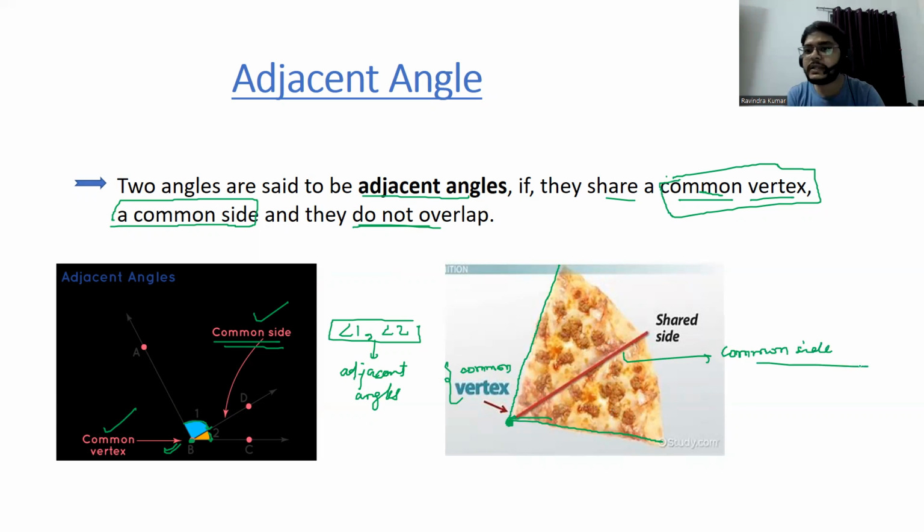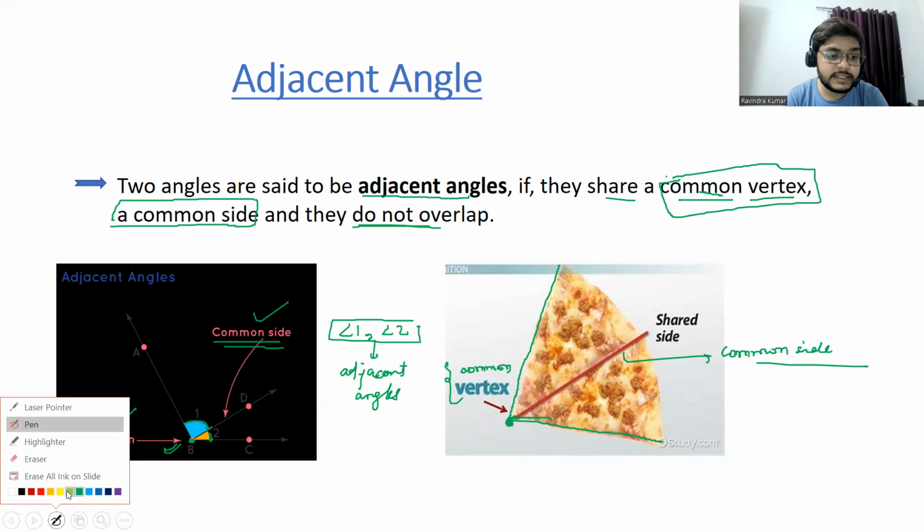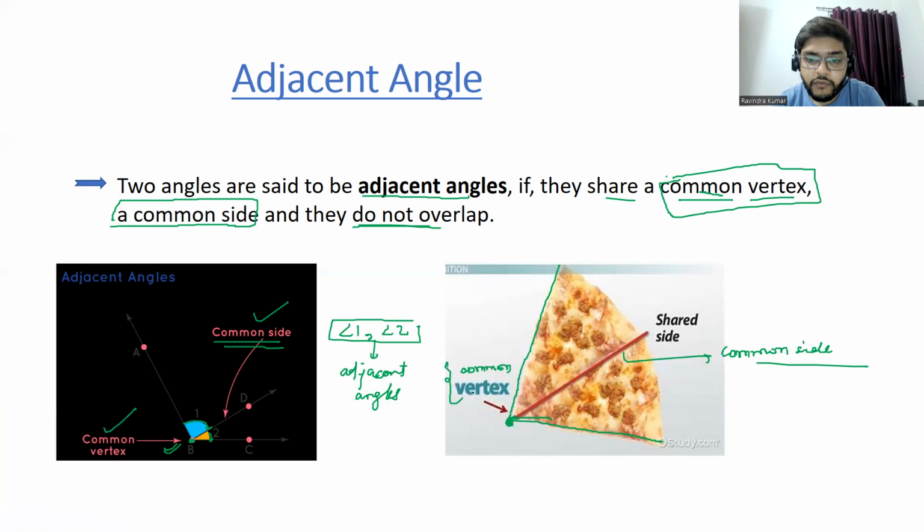So what will be the adjacent angles here? Can you find out? Let's see. In the previous slide, the adjacent angles here are simply this one, let's say it is theta, and the second one is this one, let's say it is alpha. So theta and alpha here are the adjacent angles.